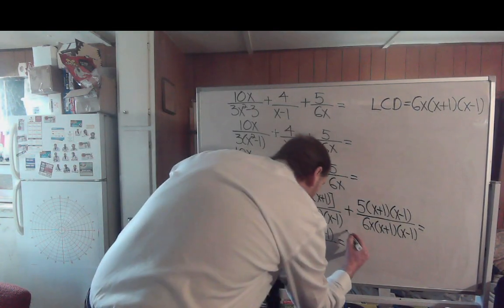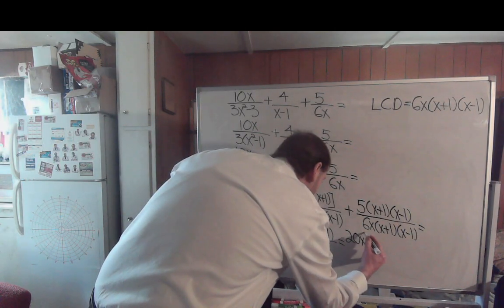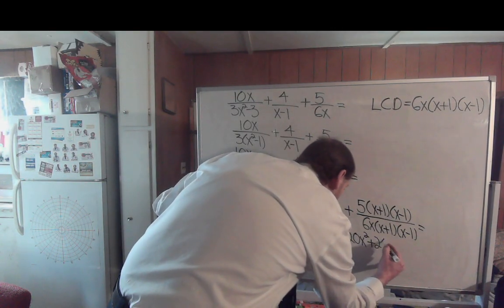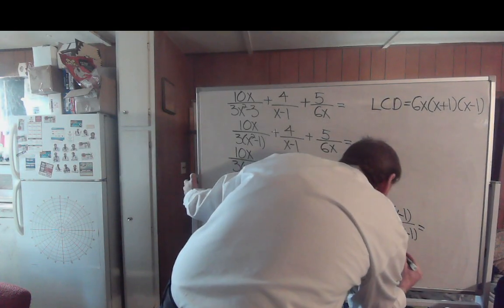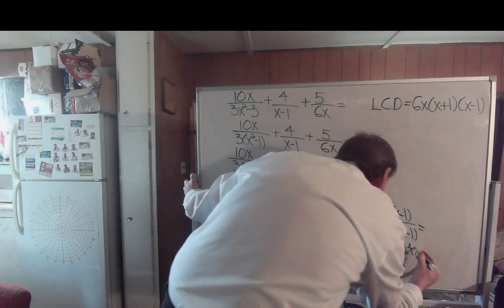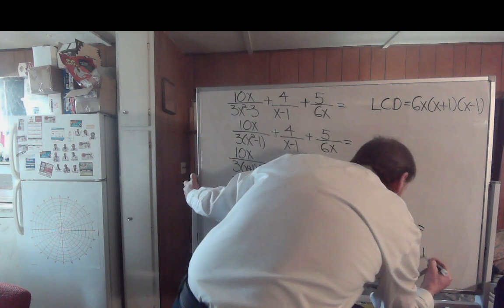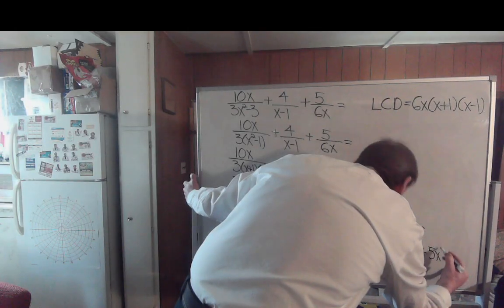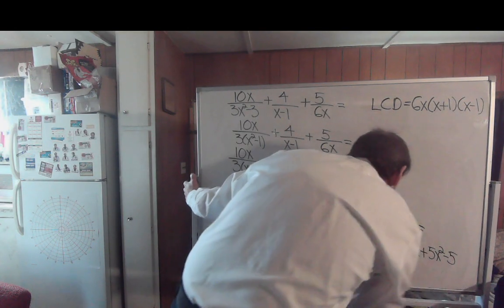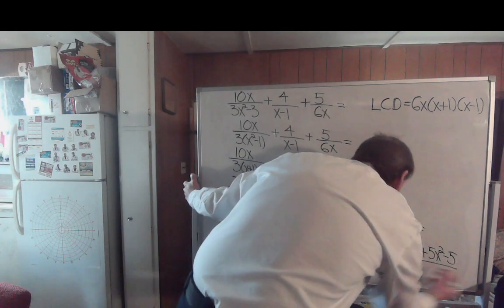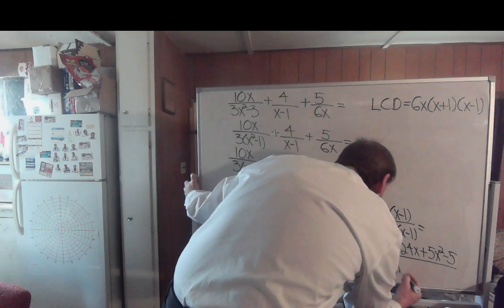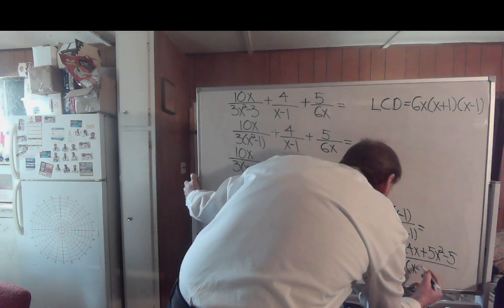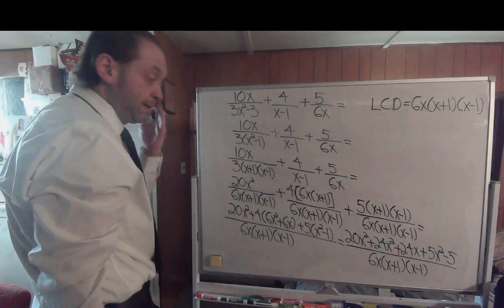You'll end up getting 20x squared plus 24x squared plus 24x plus 5x squared minus 5 all over 6x times x plus 1 times x minus 1. That got a little bit hairy.